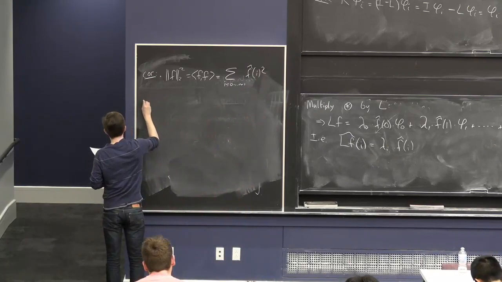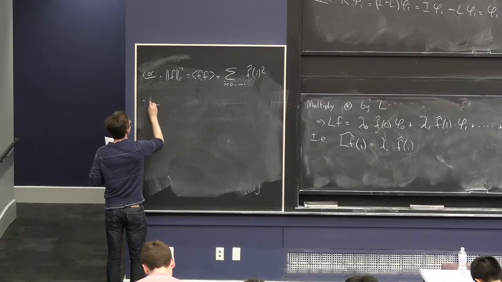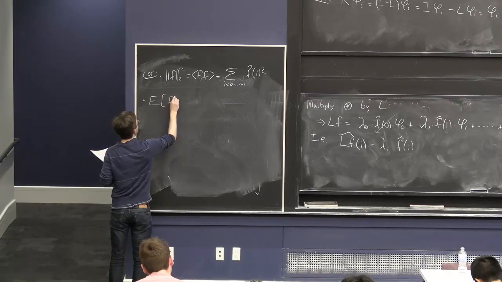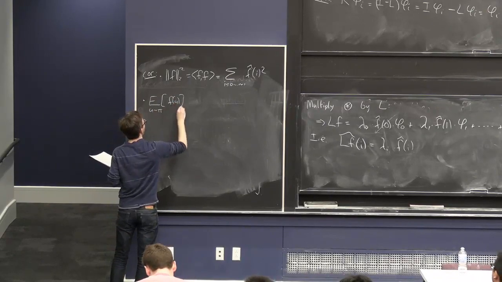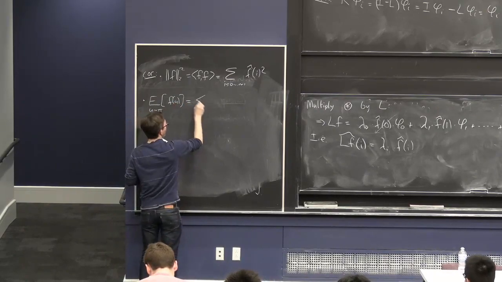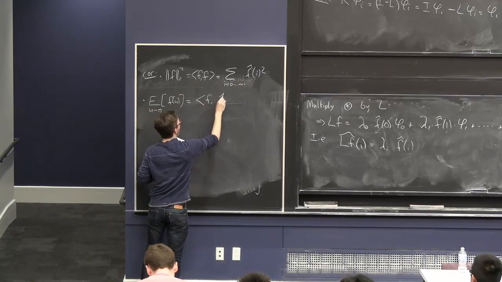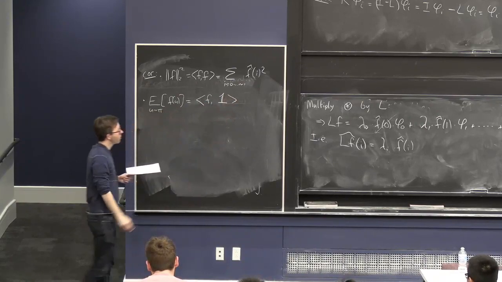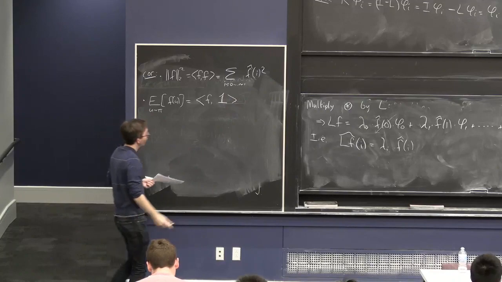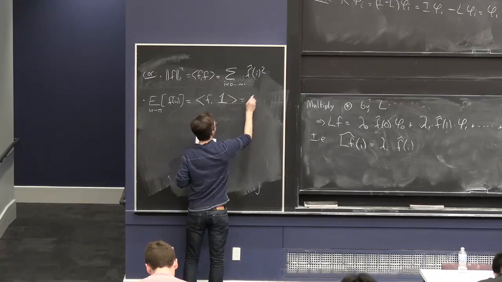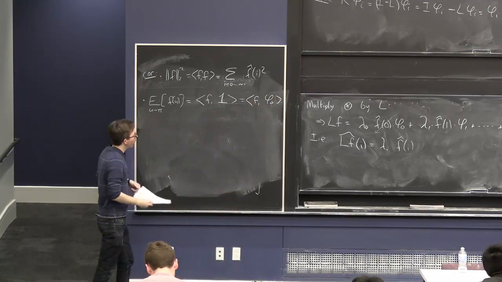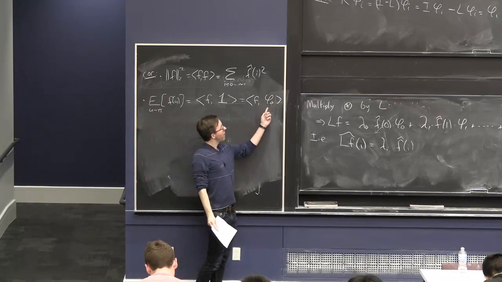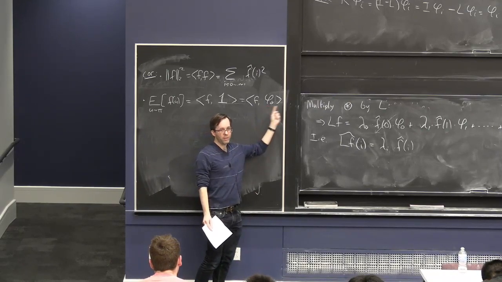Another nice corollary: one thing we're sometimes just interested in is the expected value of f, or the average value of a function f. By definition, this is the inner product of f with the constantly 1 function. And the constantly 1 function is also phi 0. So really, this is already written in its own expansion. We have a coefficient of 1 on this guy and a coefficient of 0 on all the other phi's.